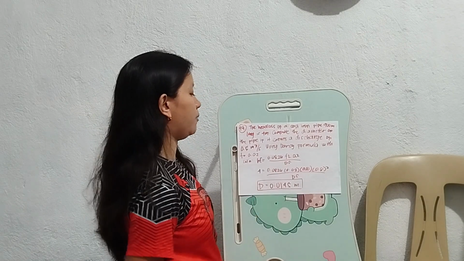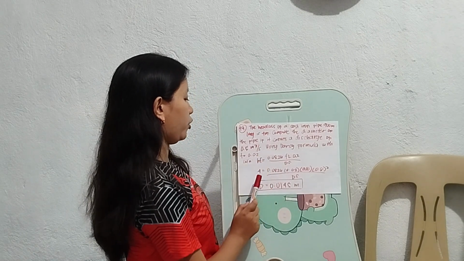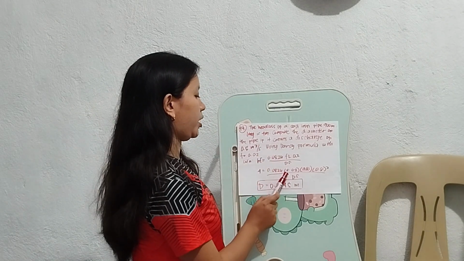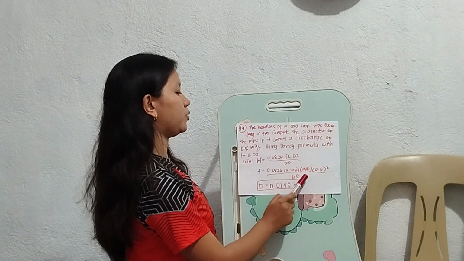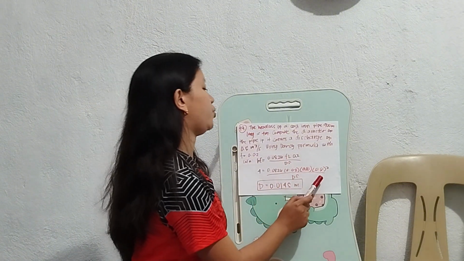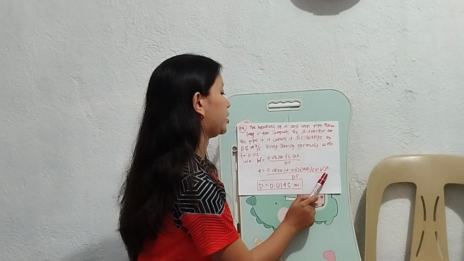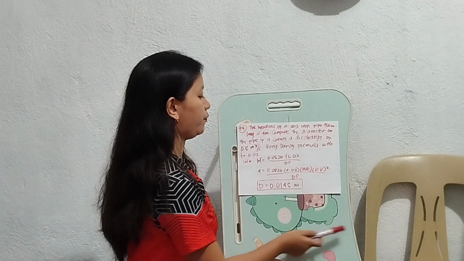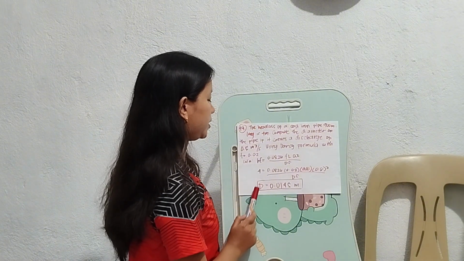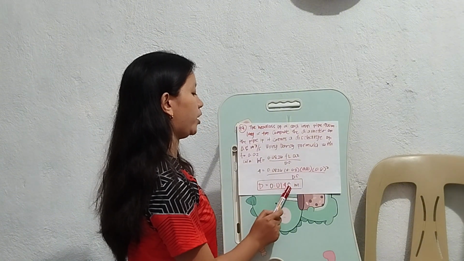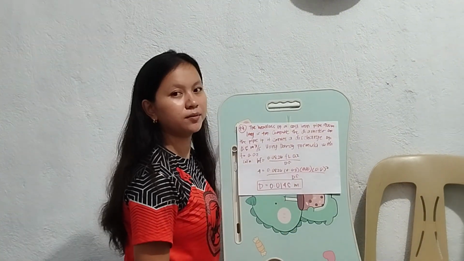Substituting, we have the head loss of 4 meters, then the 0.0826, and then the f which is 0.02, times the length which is 900, times the Q which is 0.8 raised to the power of 2, all over D raised to 5. So the answer for the diameter is D equal to 0.0145 meters.